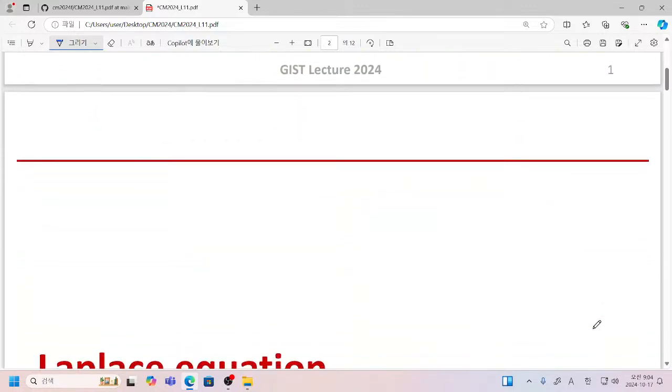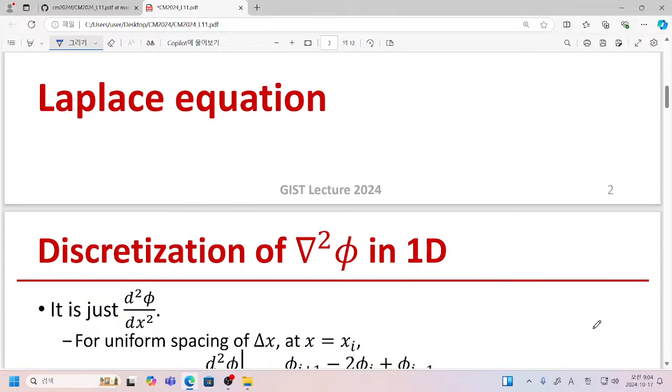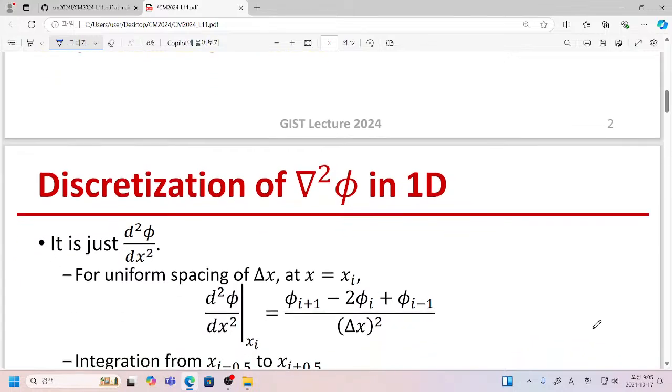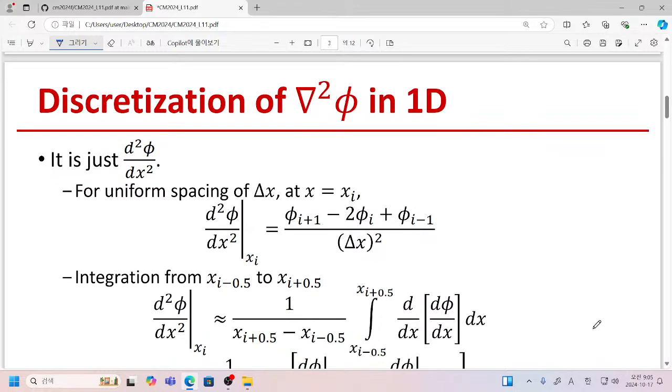Okay, so now let's go to the Laplace equation in a 2D or 3D domain. Before talking about the 2D or 3D case, let's first revisit the discretization in the 1D case. If we consider the Laplacian of a certain unknown variable phi, then in 1D it can be written as just the second derivative of our variable with respect to the only spatial coordinate x.